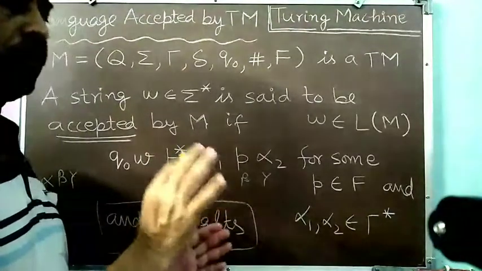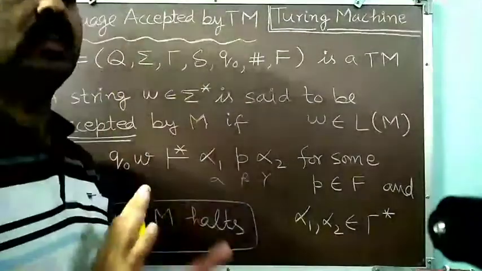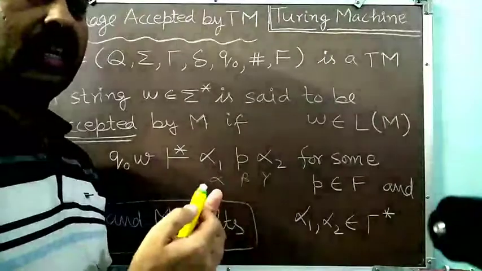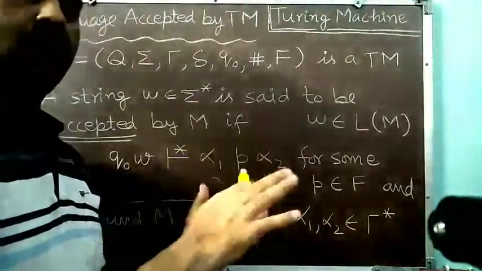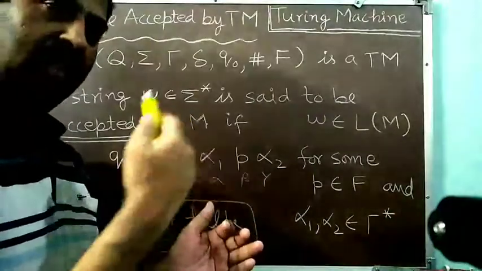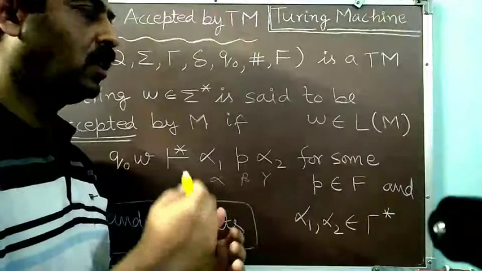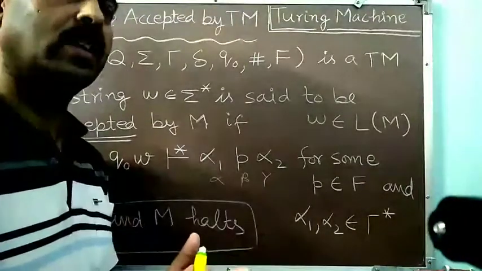So our string will be accepted only when we reach a final state and our Turing machine halts. This is the condition for getting a string accepted by the Turing machine. In all other cases, our string will be rejected: when our machine halts in a non-final state, or when our machine does not halt.